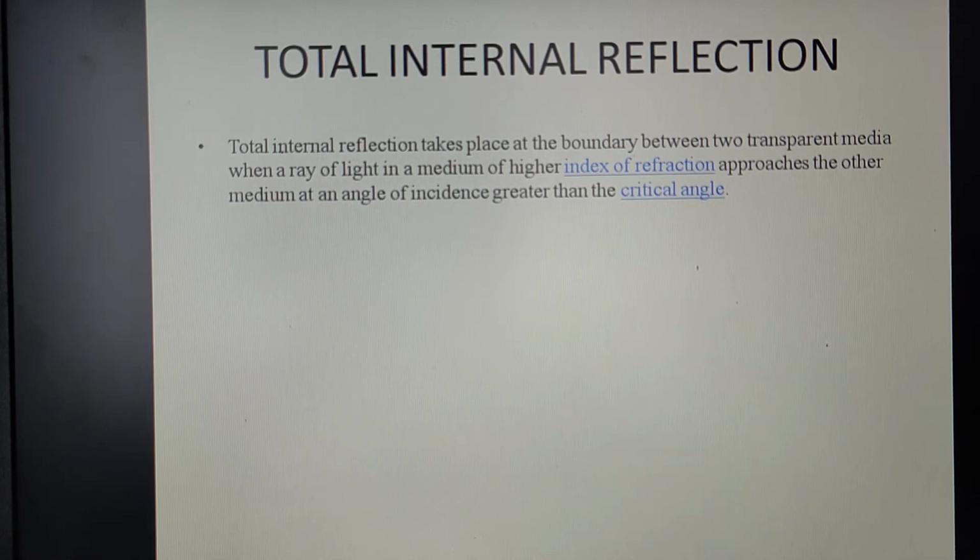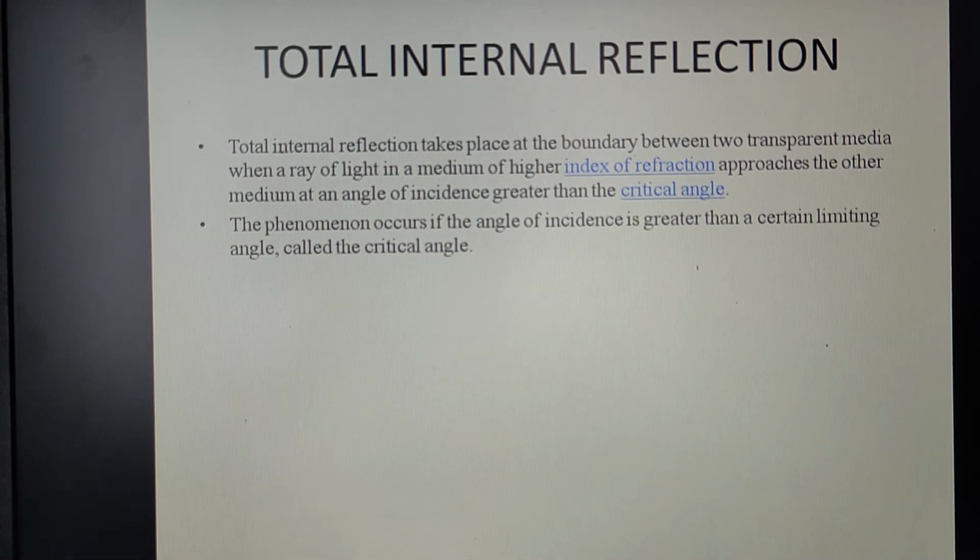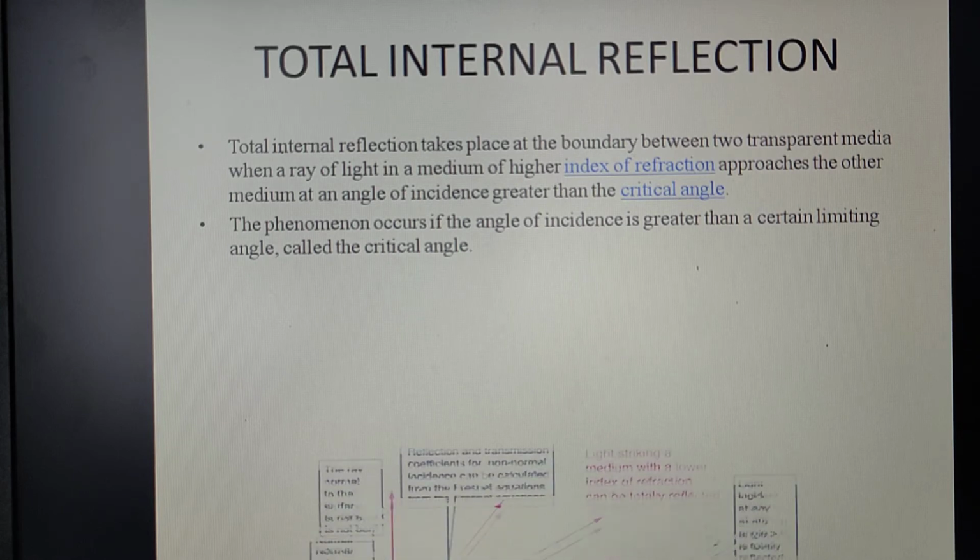So at that point, the ray comes back into the first medium, that's why it's known as total internal reflection. So it's as if all the phenomenon is happening only in one single medium. The phenomenon occurs if the angle of incidence is greater than a certain limiting angle called the critical angle. That is how total internal reflection is caused.